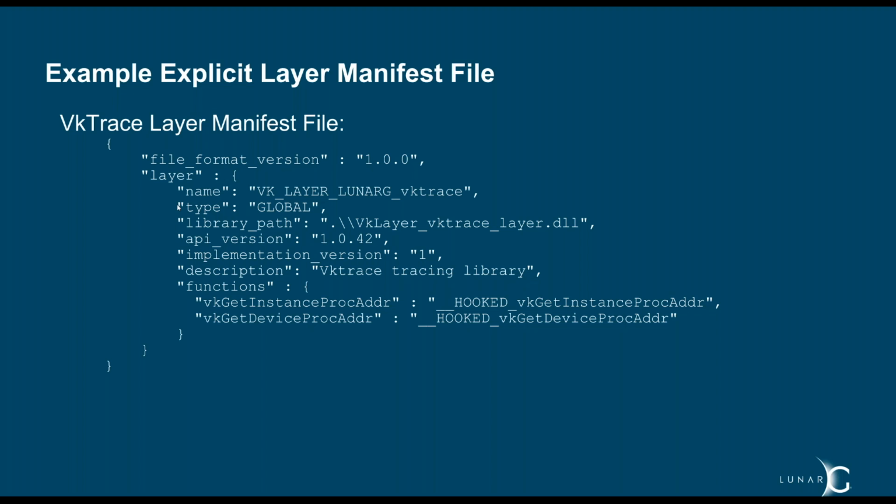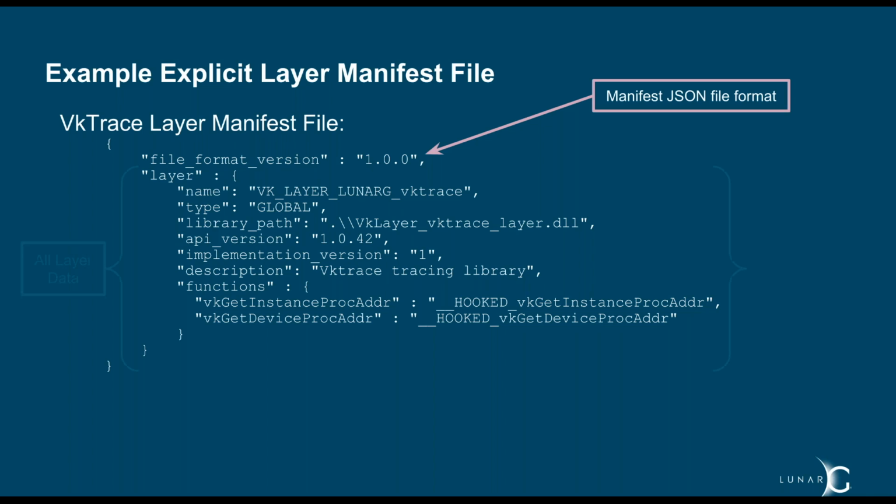This is an example of a layer manifest file. It looks similar to the driver manifest file, except there's a good deal of extra data. This first item is that same file format version that we mentioned in the driver. This just specifies the version, and then everything in here is what's unique to the layer.